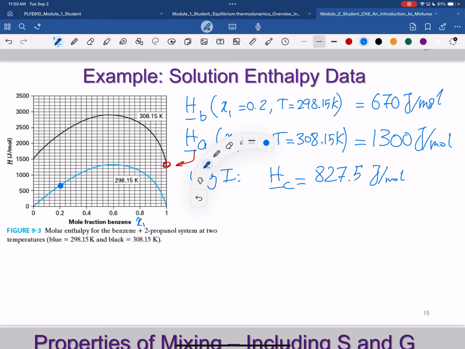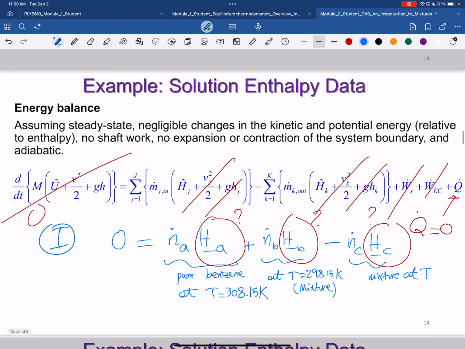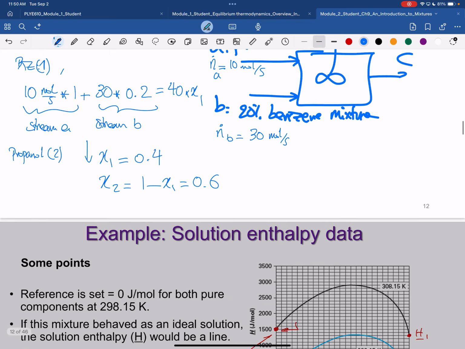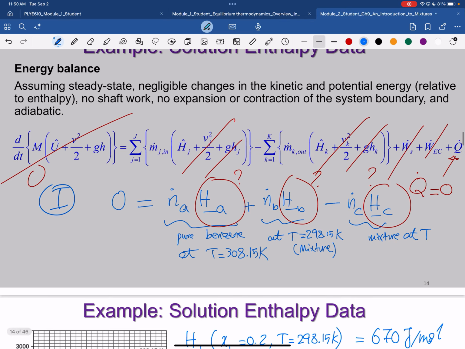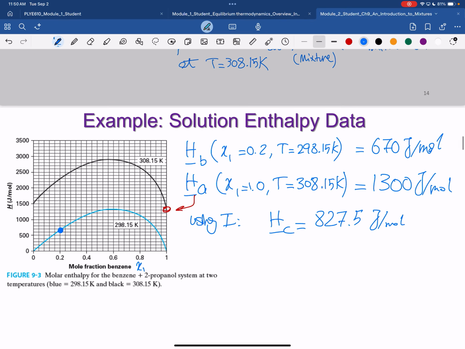What is the mole fraction of the mixture? Basically, what stream is coming out? 40%, right? Was it 40%? Yeah. So I'm here, right? Whatever enthalpy curve I'm going to have is going to intersect this line I have, right?